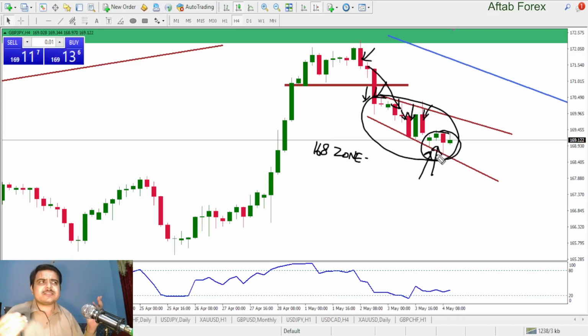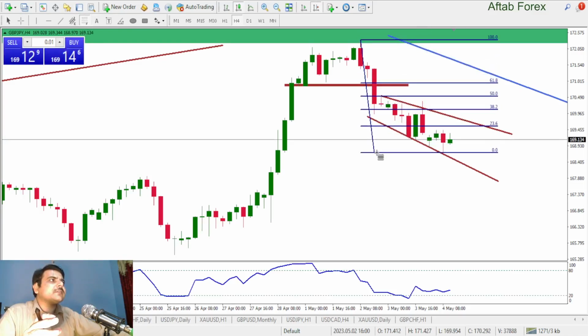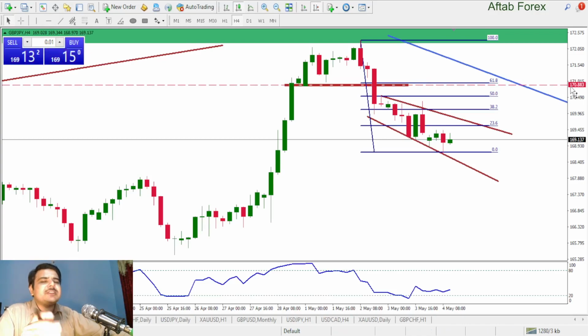Well, for day traders that is more than enough, and still according to the technicals it is showing me a sell move, and this sell will be activated at a price level of approximately, I'm saying, 170.88.